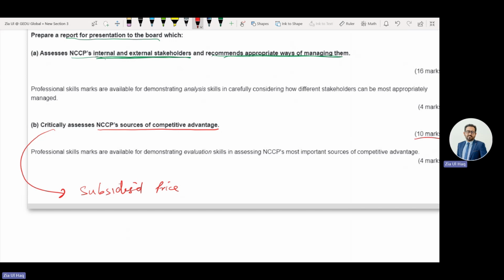They will not be moving towards other organizations because other organizations might not be providing the subsidized fee that this company is offering, because they are mainly focused on the social well-being of people. This is one point we can discuss.